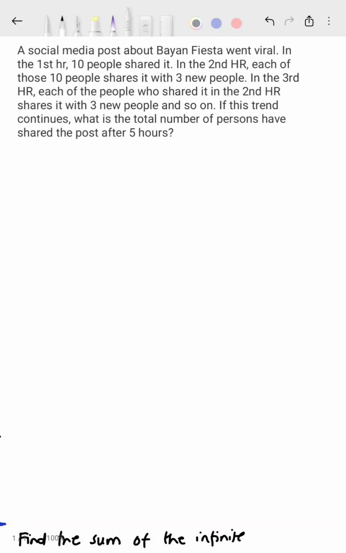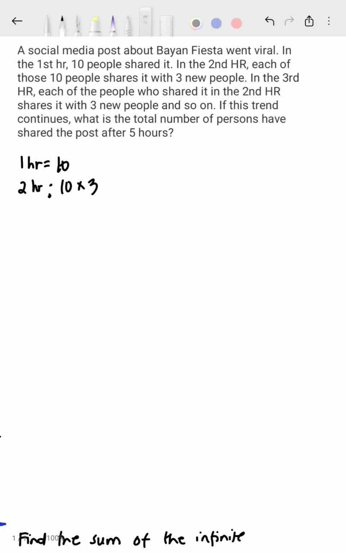So, sabi nga natin, tingnan muna natin how are we going to interpret that one. On the first hour, 10 people shared it. On the second hour, that 10 people were able to have 3 new shares from their given.